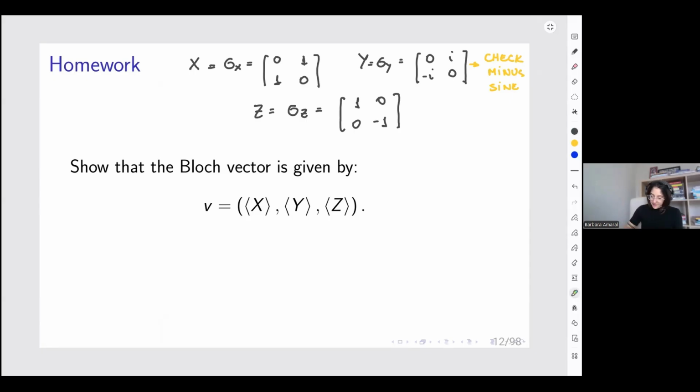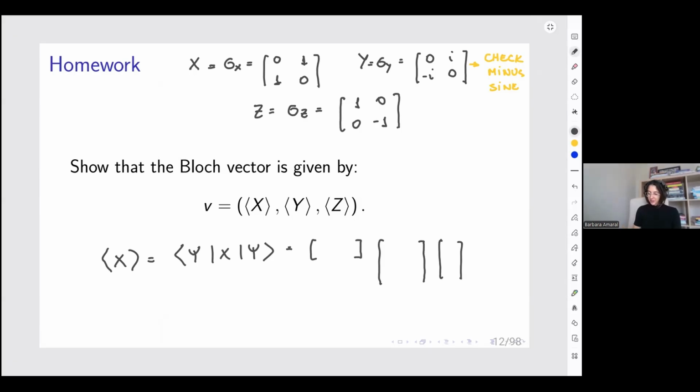And the mean value of an operator is this sandwich here, which will be the vector psi, the matrix here, and the other vector here. So we have to do this calculation for each of them, and Y the same.